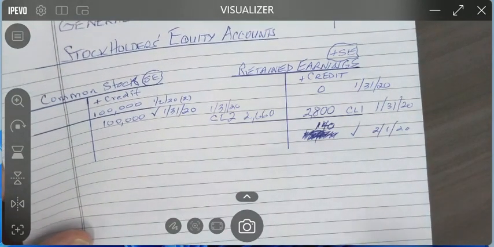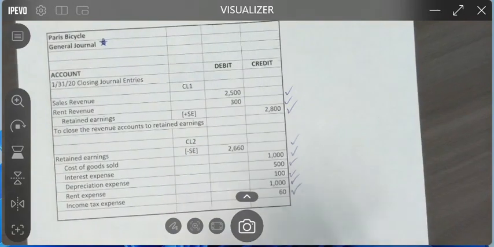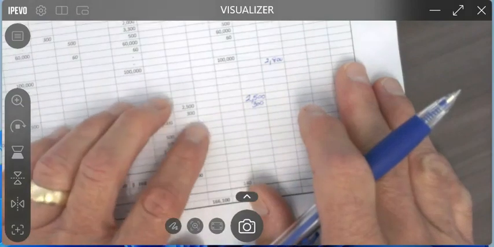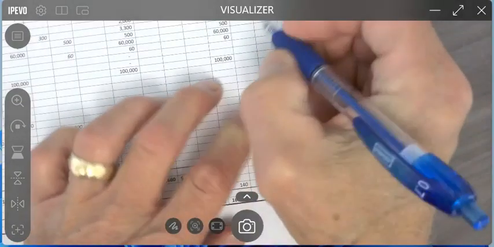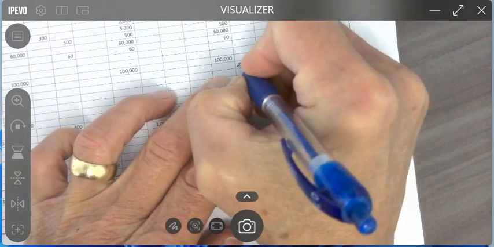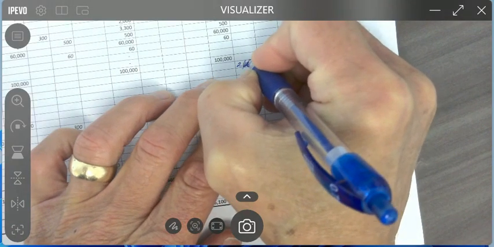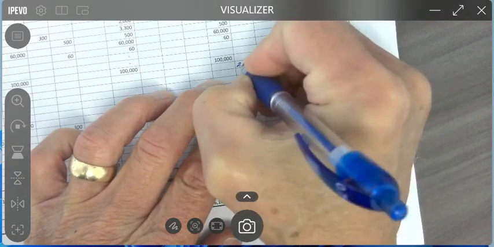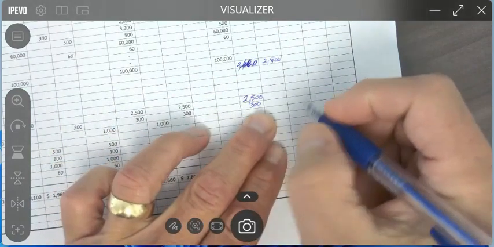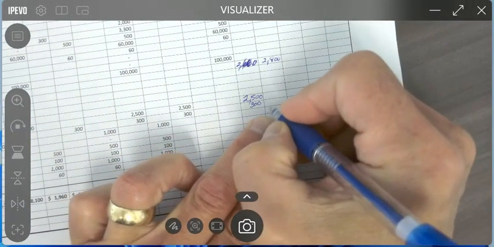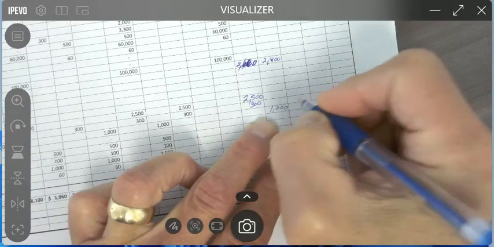All right, let's also post that entry to the accounting worksheet. We have a debit to retained earnings of $26.60. A credit to cost of goods sold for $1,000.